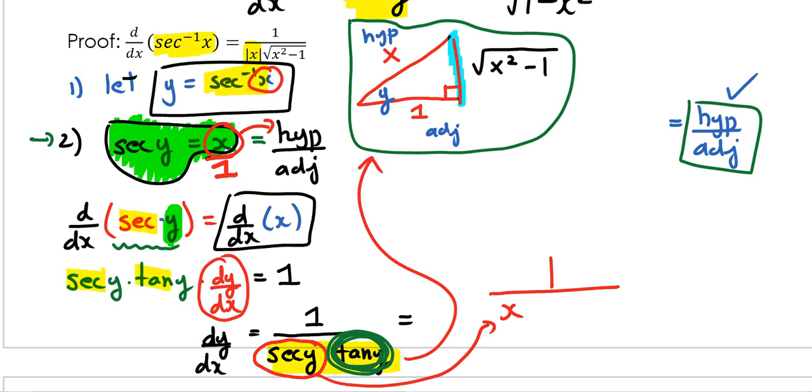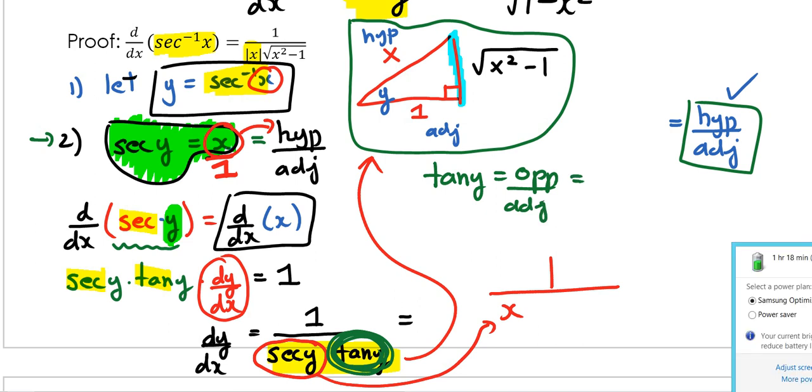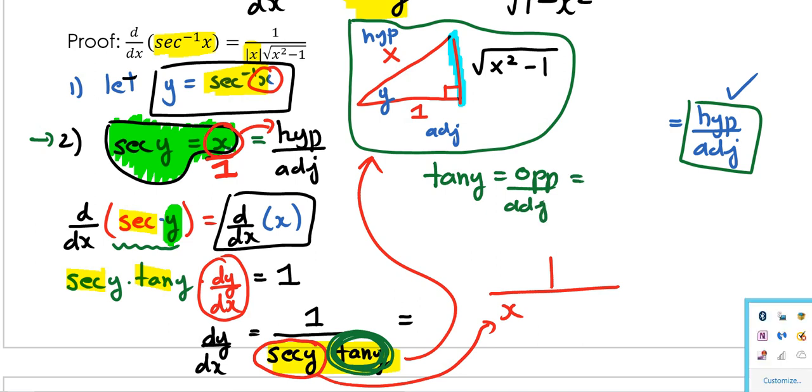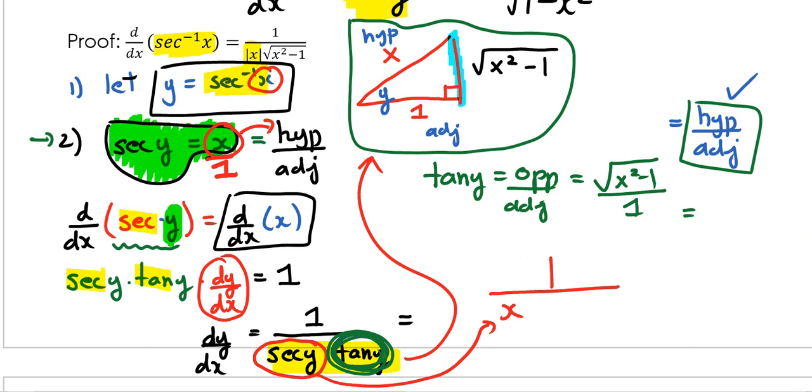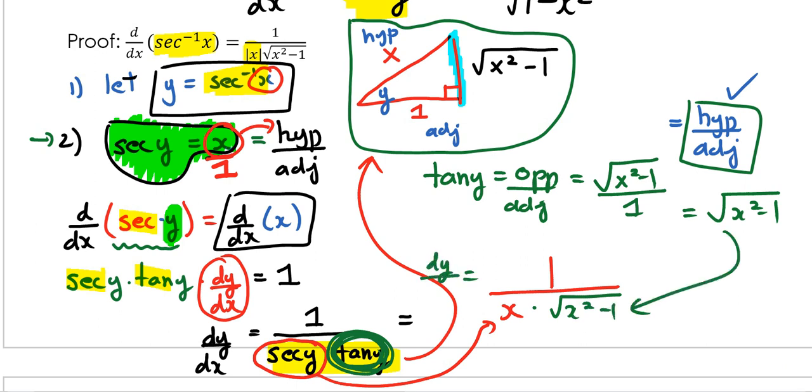If I go back to my triangle and find tan y, it is your opposite divided by your adjacent. My opposite in this case is going to be the square root of x squared minus 1, and my adjacent is 1, and that's just going to be the square root of x squared minus 1. So I'm going to put my square root of x squared minus 1 down here, and that's going to be dy by dx.